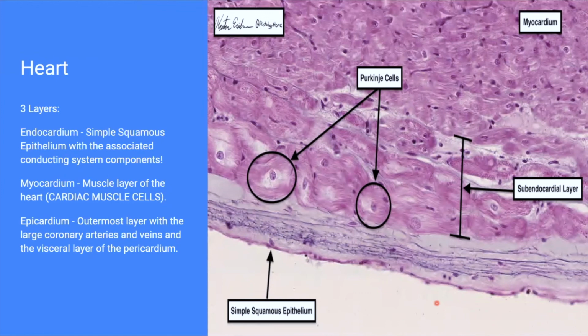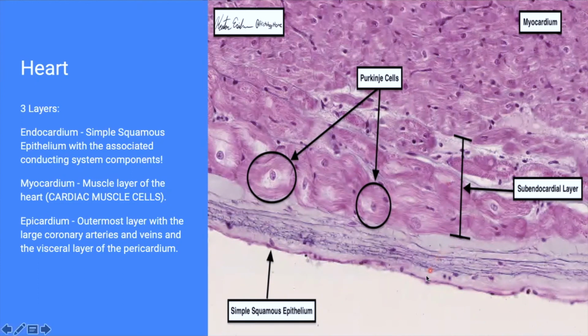Regardless, to go through it, the heart is broken up into 3 layers, as are the vessels. Internalmost, so the lumen of the heart, is here. We first reach our endocardium. The endocardium is lined by a simple squamous epithelium, a bit of connective tissue underlying it, and then we have a portion termed the subendocardial layer that is composed of Purkinje cells and other conducting system cell lines and materials as well.